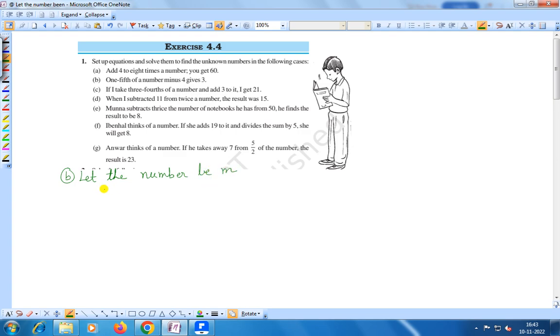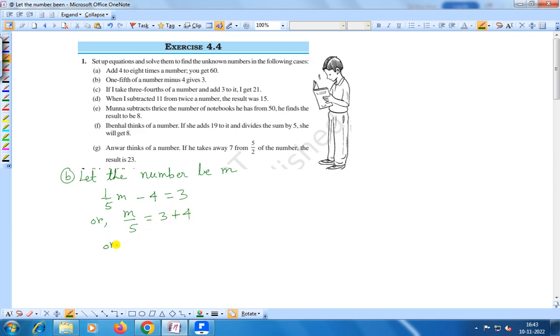Therefore, according to the question, 1/5 of m minus 4 gives 3. Or you can say m by 5 minus 4 is equal to 3. If we transpose 4 on the right hand side, it will be plus 3 plus 4.